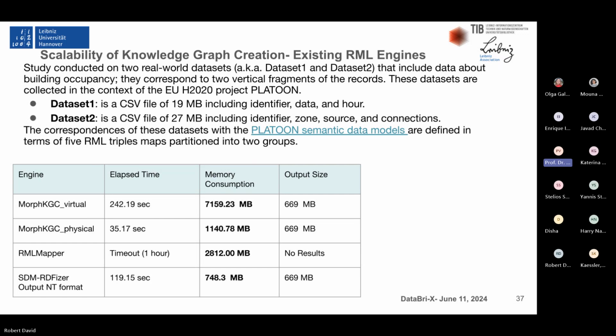But what is the first observation that we had? First of all, see that we started with relatively small data sets, but the engines were requiring a lot of memory in order to execute the pipeline, particularly engines like more KGC. Why? Because they are using a particular type of data structures.